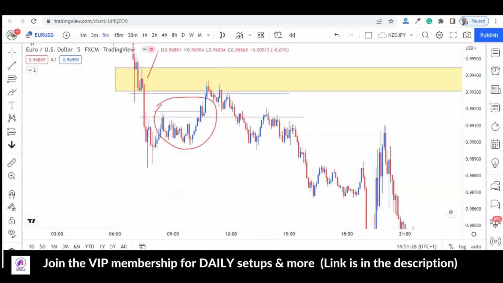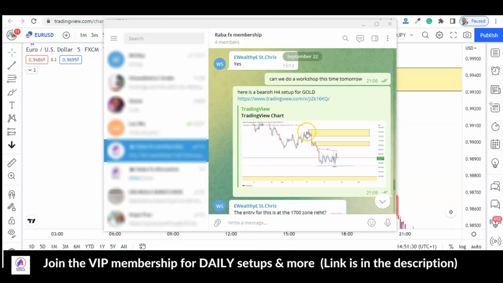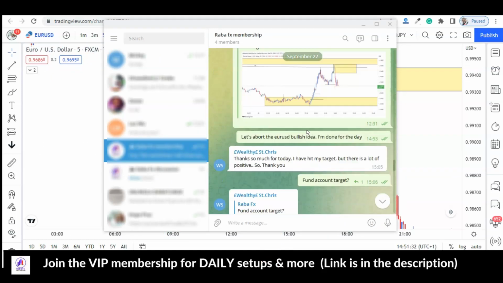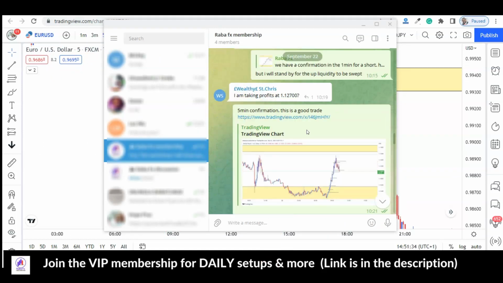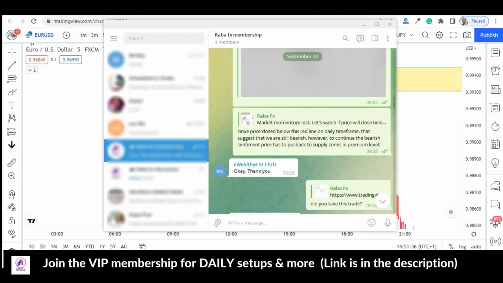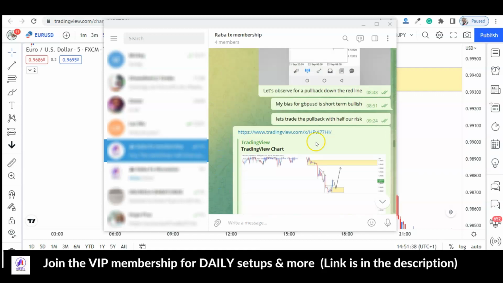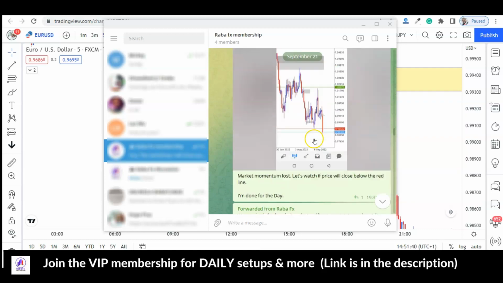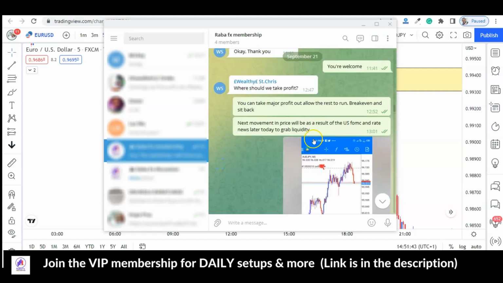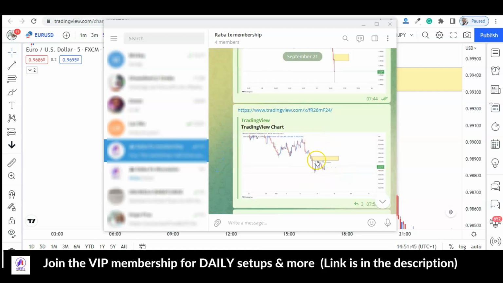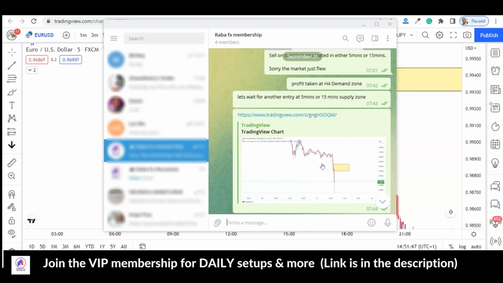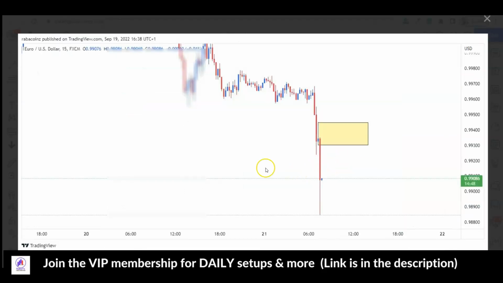So to show you, this was the setup. Now this is the setup here. EUR/USD 15 minutes.